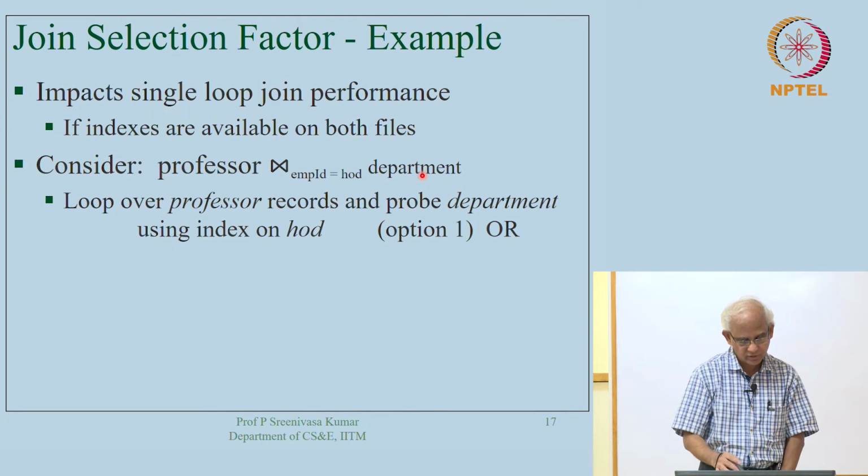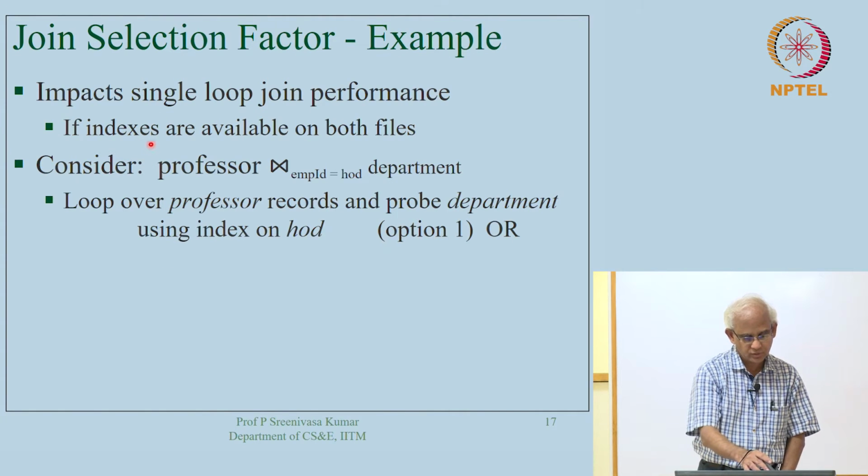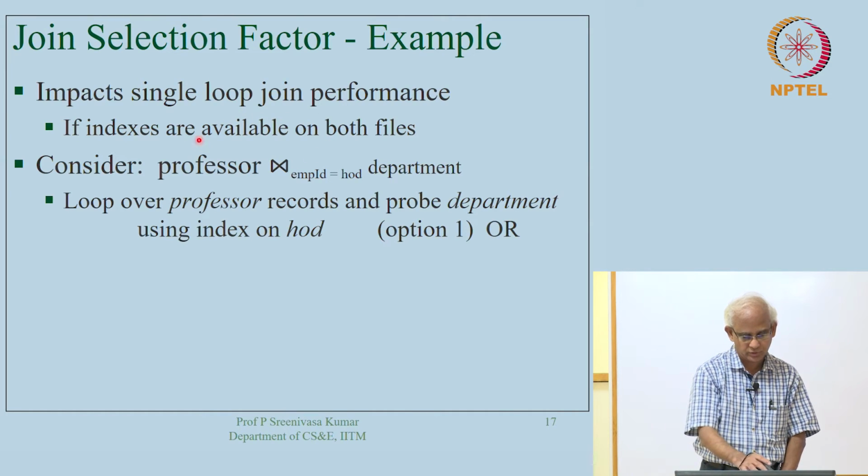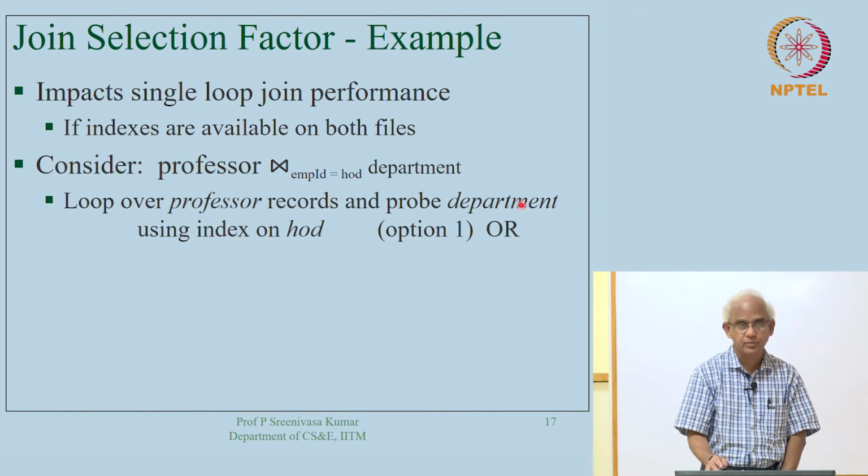Let me illustrate that here. The join selection factor does impact the performance of this single loop join. Option 1 is to loop over professor records and probe the department. We call it probing the department because you get the value for employee ID from the professor record, and then you use an index on HOD to probe the appropriate department.